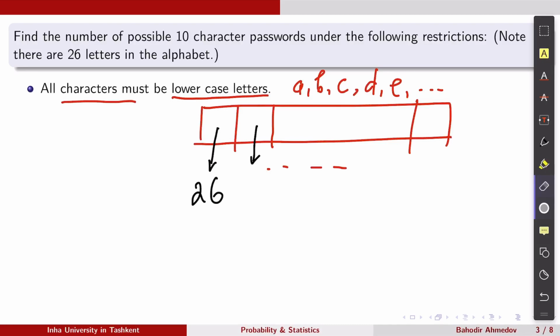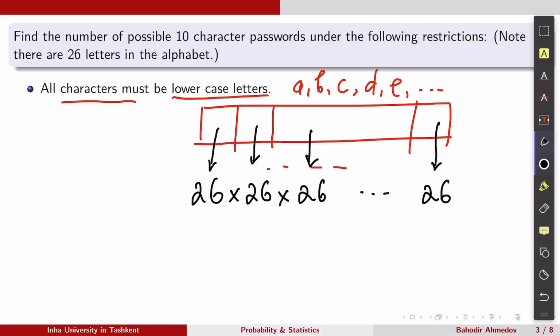Yes, in passwords it is possible to repeat the characters, right? It means that it is possible to put here again any of the 26 letters, here 26, and so on. So actually, it is possible to put 26 letters in any position. So we are just going to multiply those numbers according to the generalized rule of counting. It's going to be 26 to the power of 10.